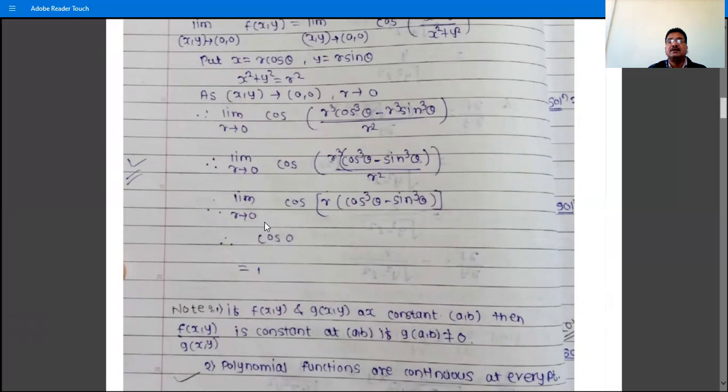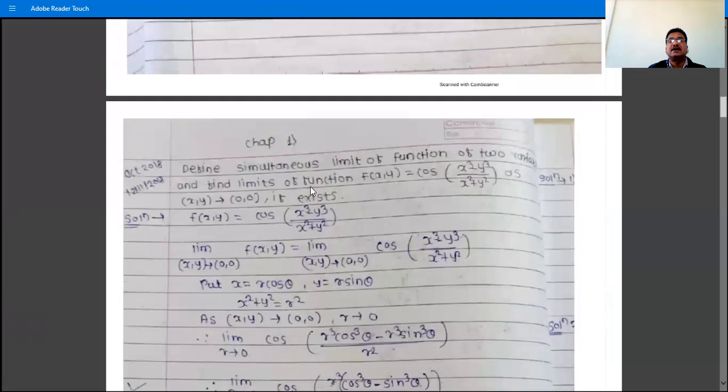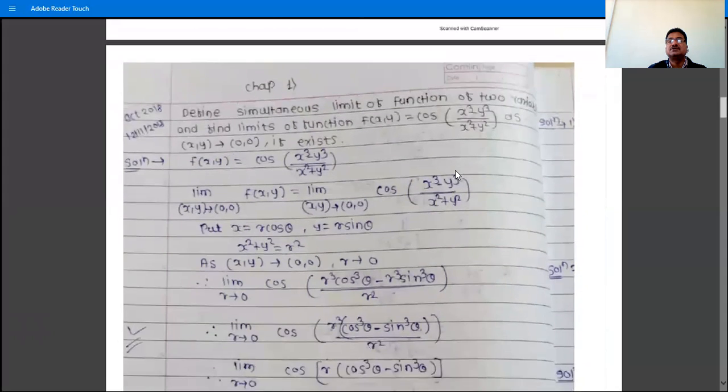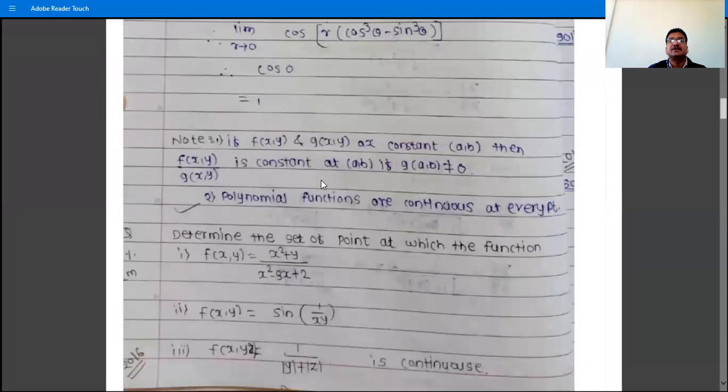If we substitute r as 0, then we have cos 0, and cos 0 is 1. So this is the answer of this problem.